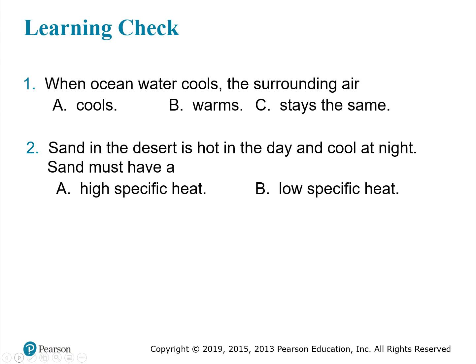When the ocean water cools, the surrounding air does what? It cools, warms, or stays the same. If the ocean is cooling, let me draw a picture. Here's some waves. That's the ocean, right?